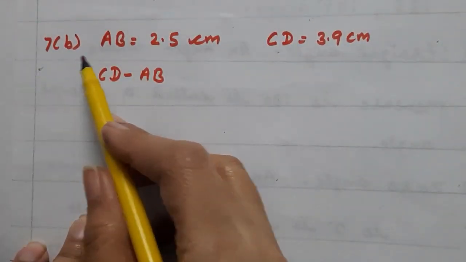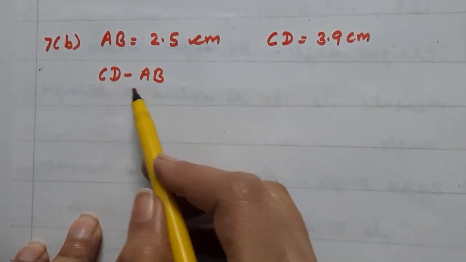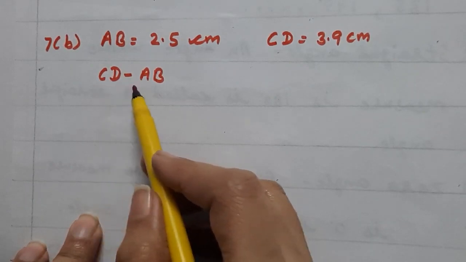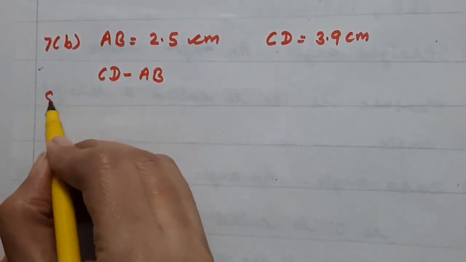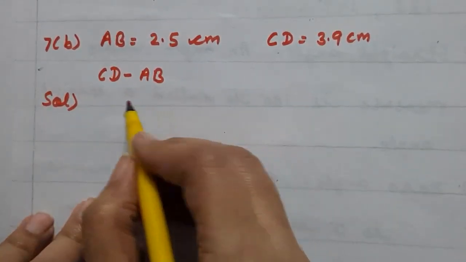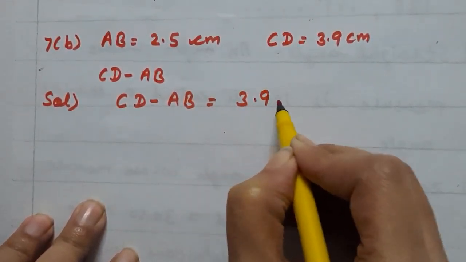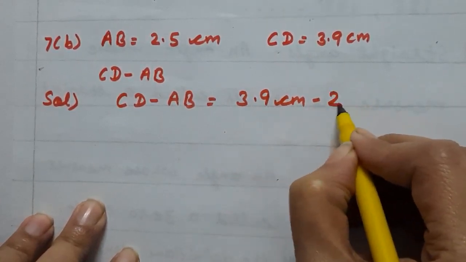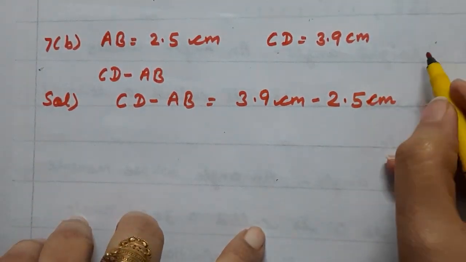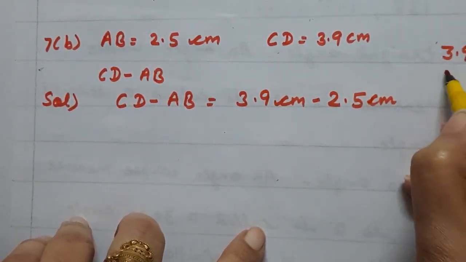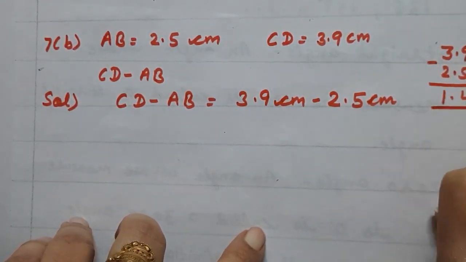Next was question number 7, B part. AB was given 2.5 centimeter, CD 3.9 centimeter, and you have to construct a line segment CD minus AB. So first of all, we have to come to know what is CD minus AB. CD 3.9 minus 2.5. Subtract this. 9 minus 5, 4. 3 minus 2, 1.